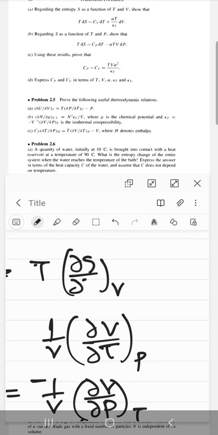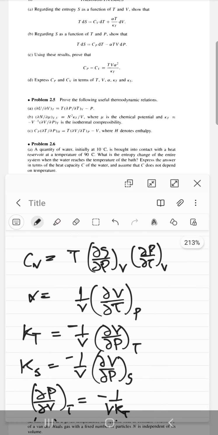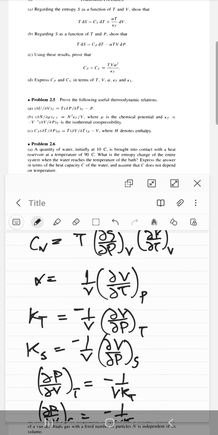So let's just say I switch this. I put pressure over there. Then it should be like partial temperature at constant volume, right? So now are these doable? I think sort of. So entropy and volume can be exchanged, and who knows, that might give us something like that.